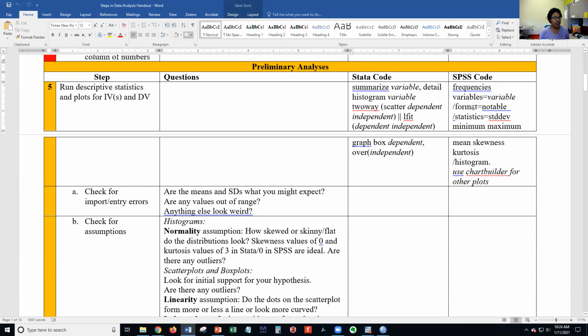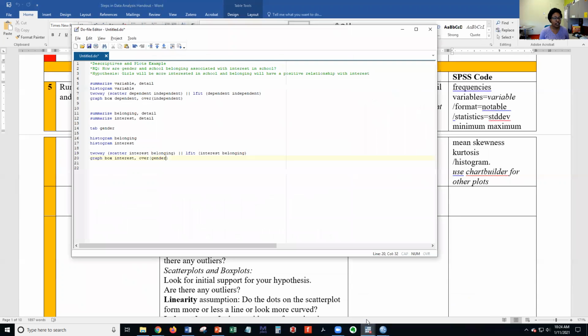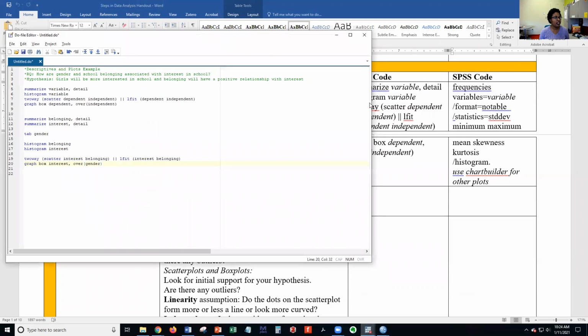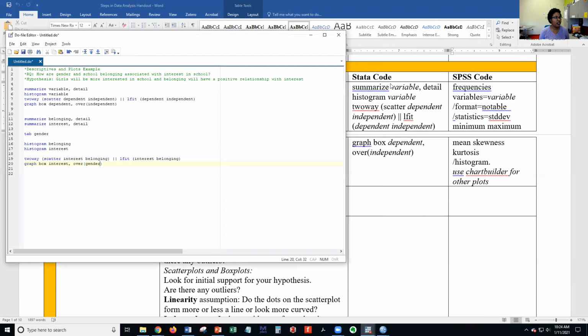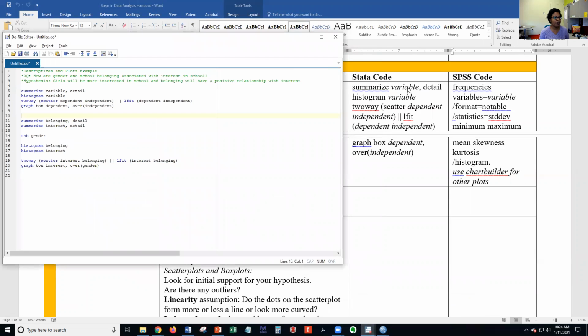So here's the Stata code and the SPSS code that I've just copied into a do file. So let's start with Stata. So here's that same code you can see over here that I've copied over. And you're going to be basically replacing the words variable and dependent and independent with your variable names.